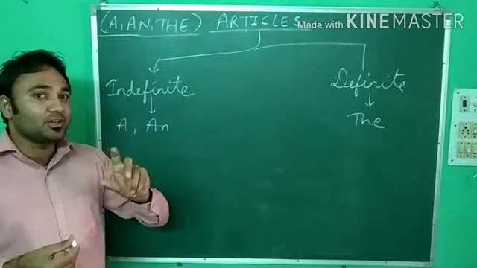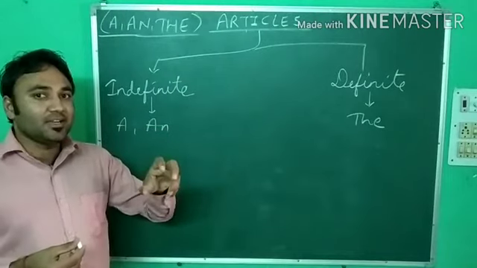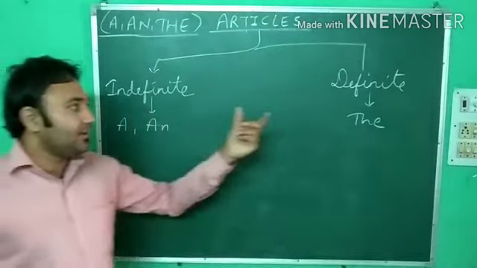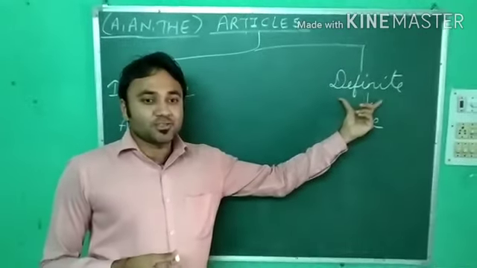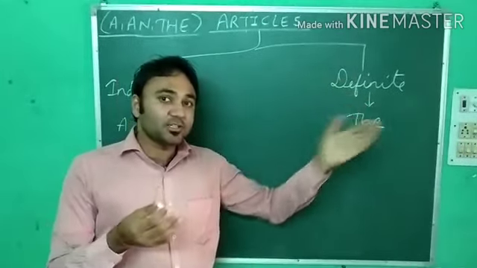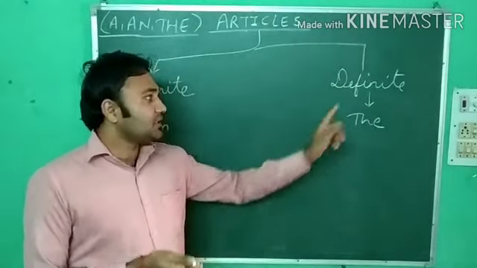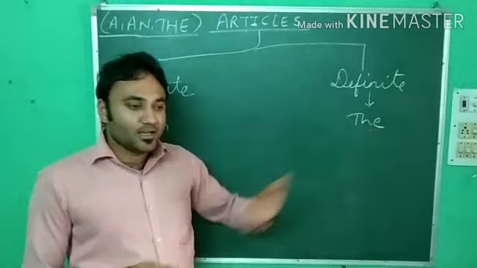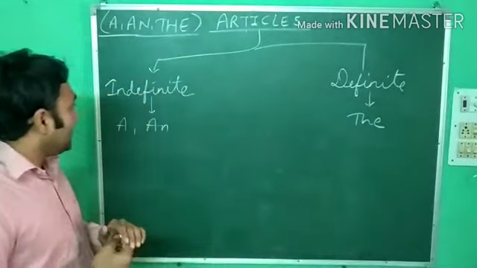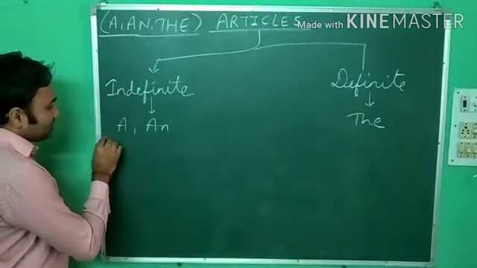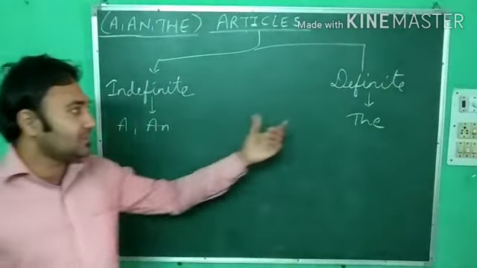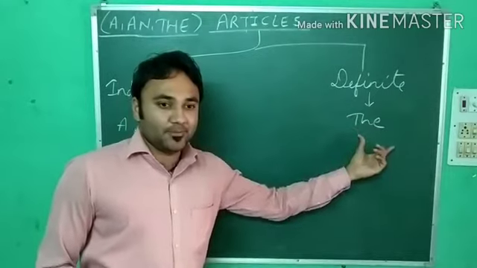Hence, whenever we talk about nouns in a general way, we use indefinite article. And whenever we talk about nouns in a specific or a particular way, then we use definite article, and definite article is the.